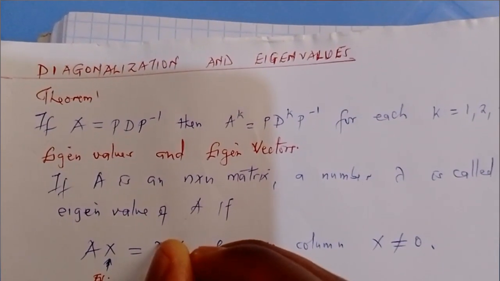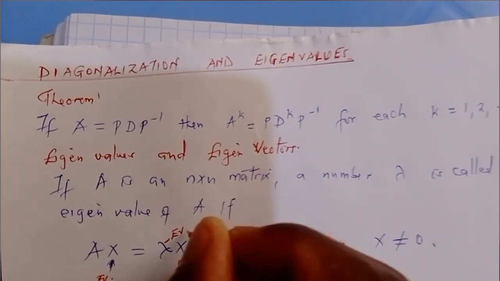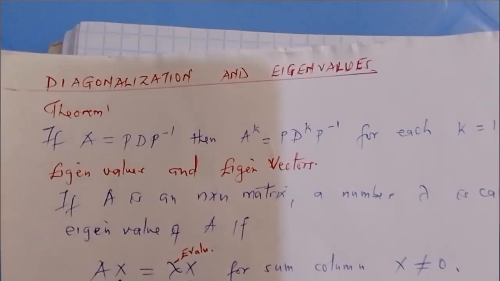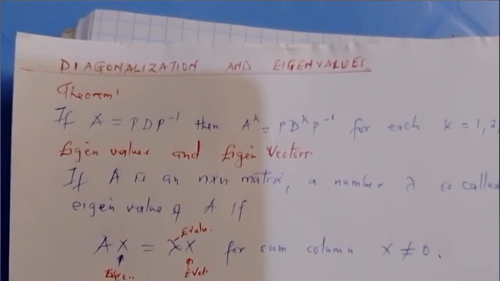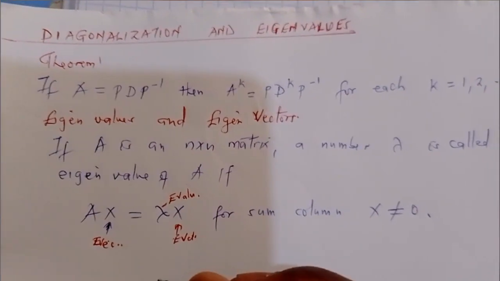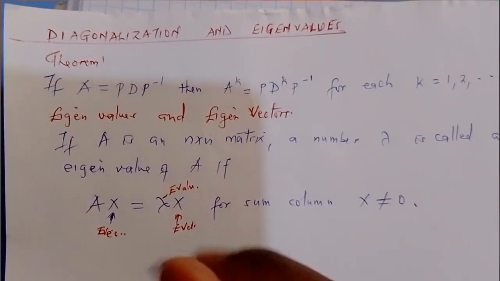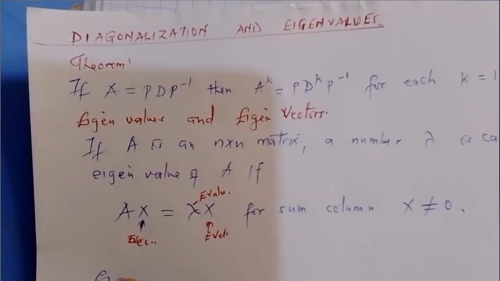This is the eigenvalue, and this is the vector. This is an eigenvector corresponding to the eigenvalue lambda, or a lambda eigenvector for short. For example, let's look at one example here.